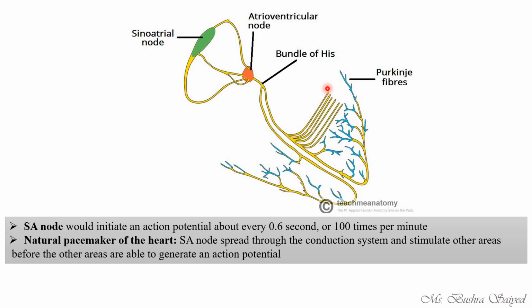Furthermore, SA node would initiate an action potential about every 0.6 second or 100 times per minute. That is why it is known as natural pacemaker of the heart.